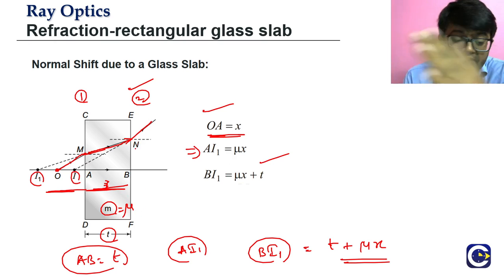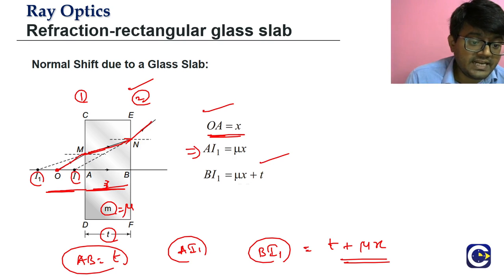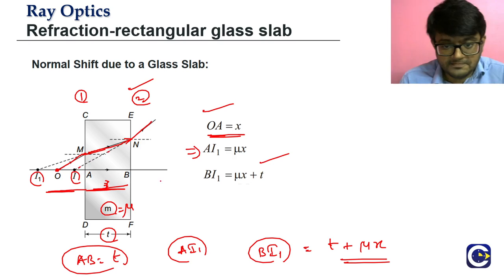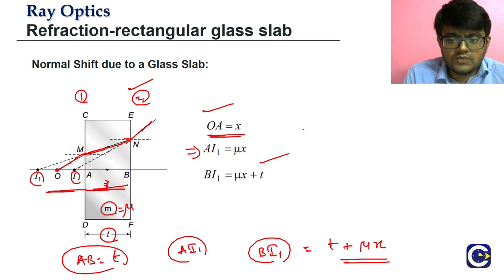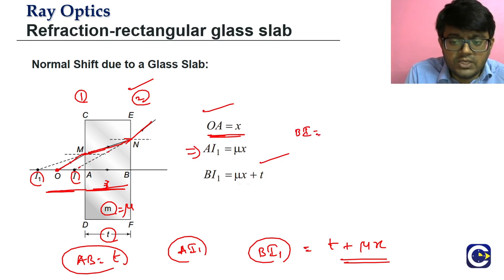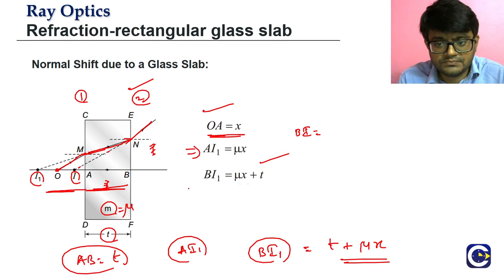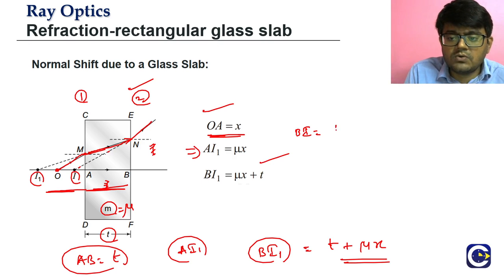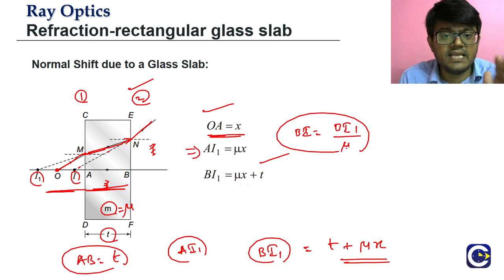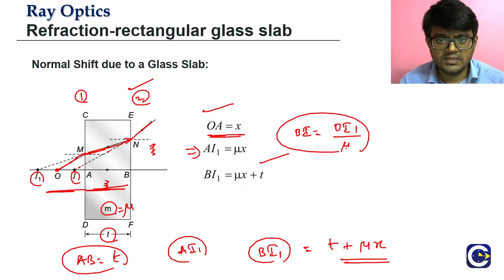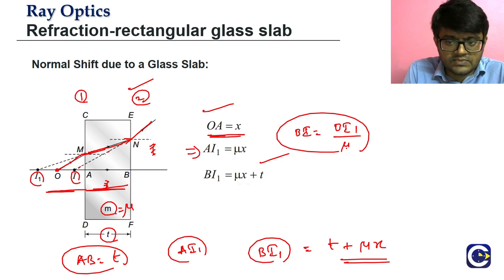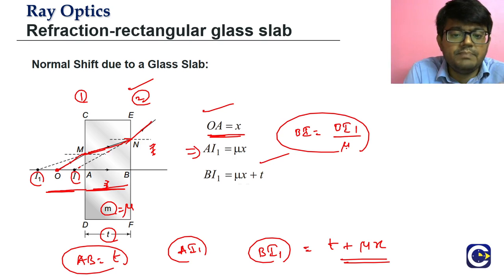Now after getting refracted, the final rays appear to come from the point I. So this BI value, when we are observing from the rarer medium, will be BI1 by mu. It is like we are seeing the apparent depth. The real distance, which is BI1, divided by mu, is going to be the BI value.